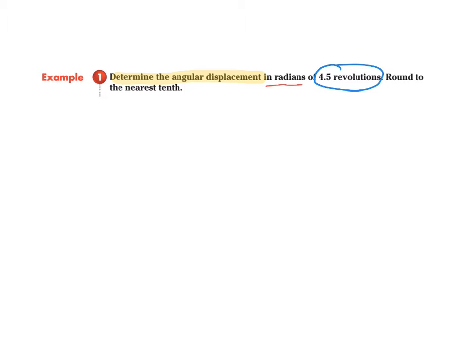So that's going to be 4.5 times 2 pi. And notice it says round it to the nearest tenth. That means we can use our calculator and have a decimal version for the answer. It doesn't have to be in terms of pi. So when I multiply this out, 4.5 times 2 pi, in terms of pi that's 9 pi. But when I multiply this out on my calculator, I end up with 28.3 radians. And that's the answer that we're looking for.